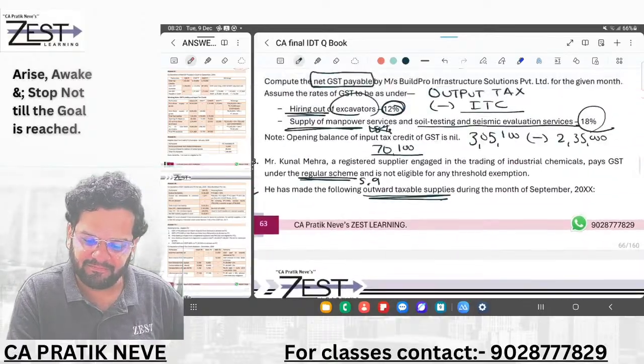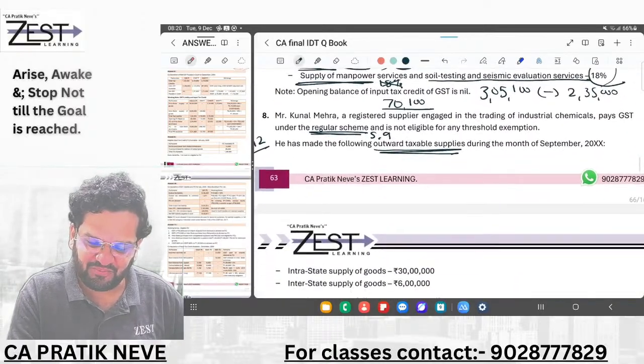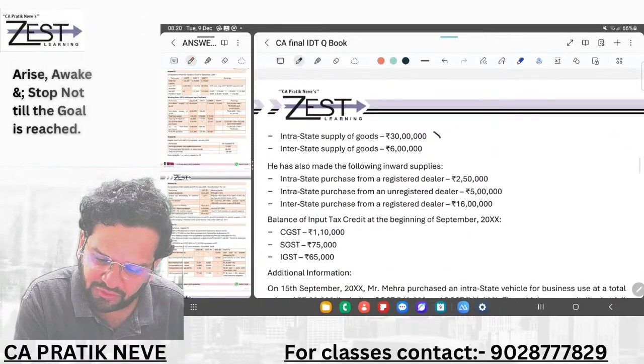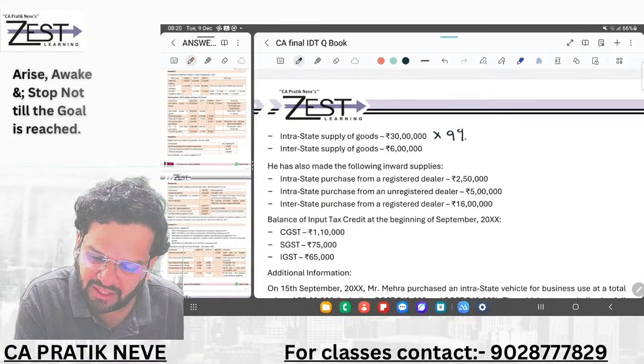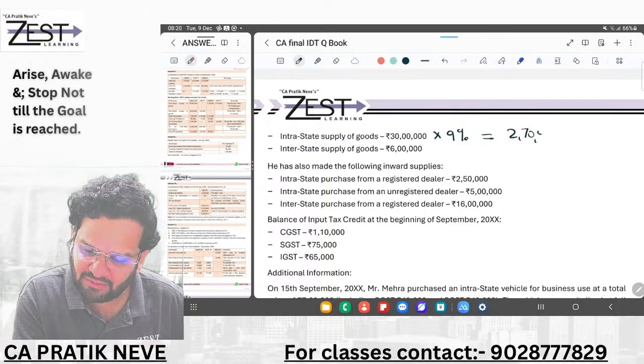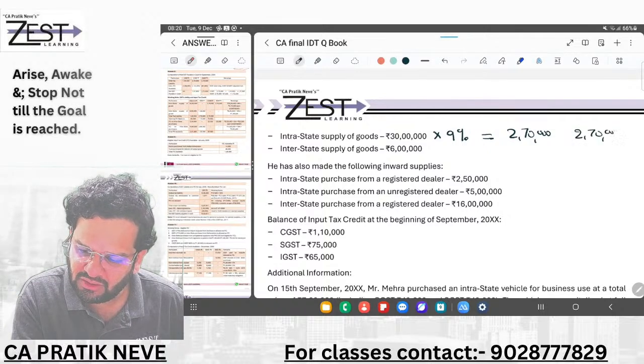Okay, let's see. Now, on intrastate supply of 30 lakh, calculate 9% each. So isn't it 2,70,000 CGST, 2,70,000 SGST?